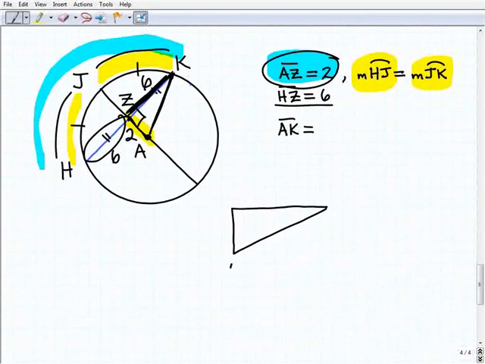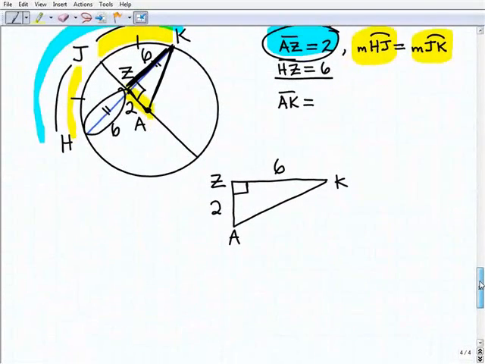AK is what I'm looking for. This is Z. I know that HZ is 6, and ZK has got to be congruent to HZ, because that chord was bisected. So ZK has got to be 6. I know that AZ was 2, because I was given that from the beginning.